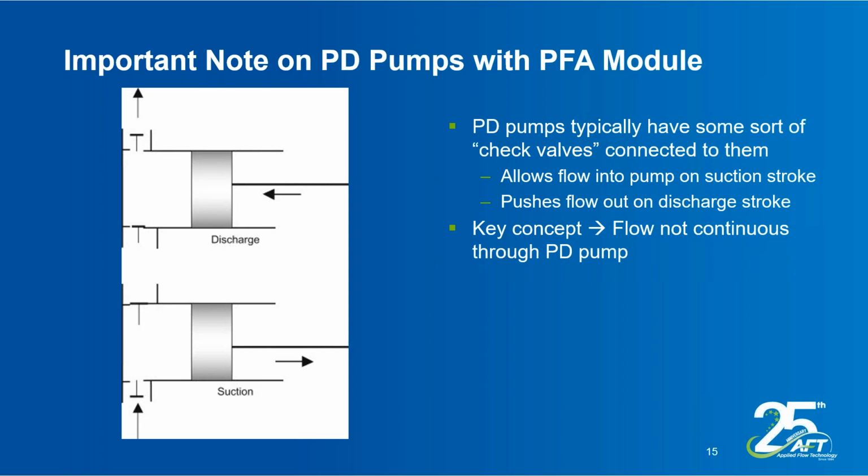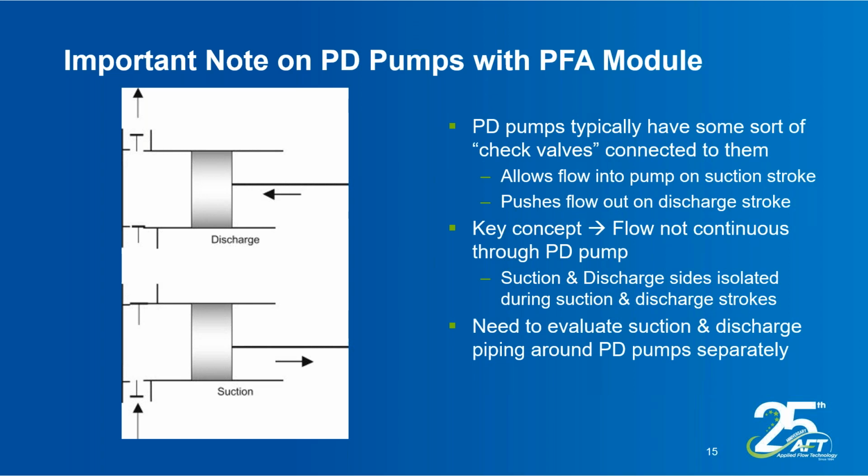You'll see that very clearly if you watch the videos on how the PD pumps work. Very good illustrations of the oscillating flow behavior. So because the flow is not continuous through the pump, your suction and discharge sides are actually isolated from each other. So one of the key things that you have to remember and keep in mind when you're dealing with the PFA module is that you have to evaluate the suction and discharge piping around your positive displacement pumps separately.